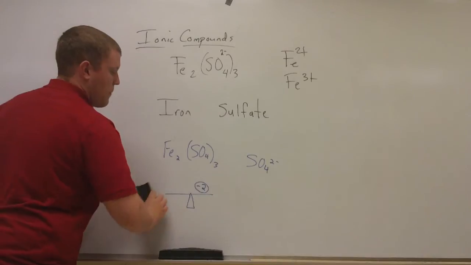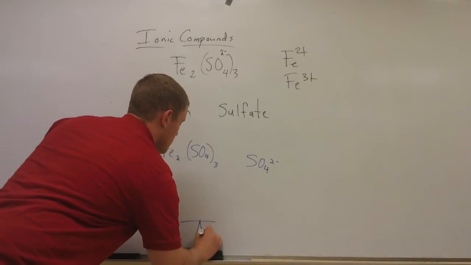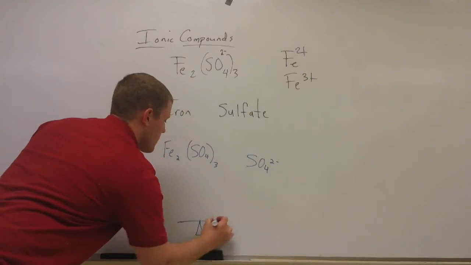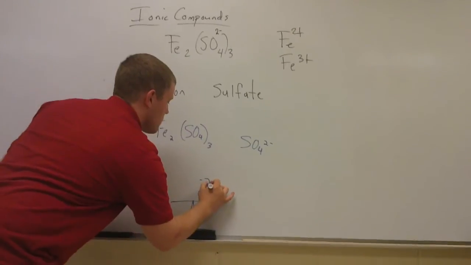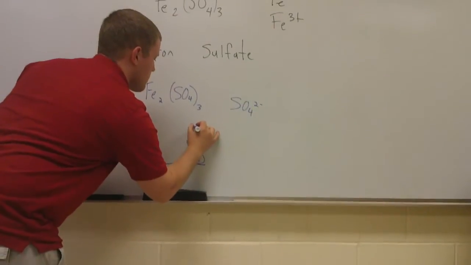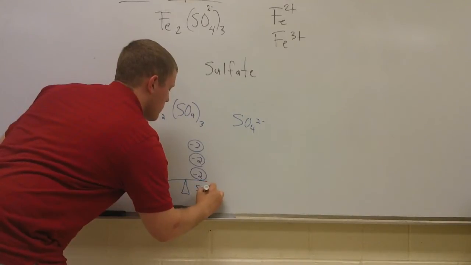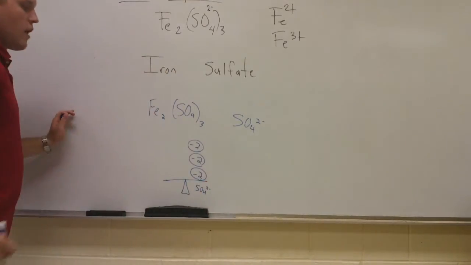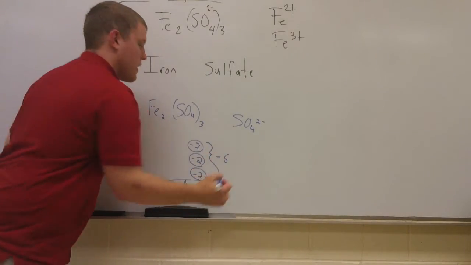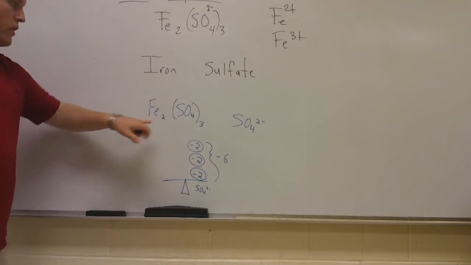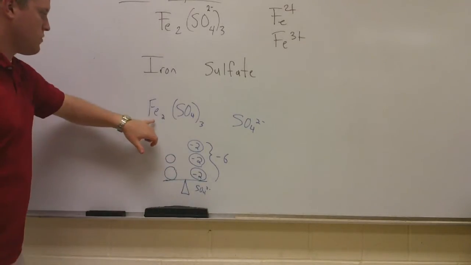So we have a net -6 charge. We know we have only 2 irons.